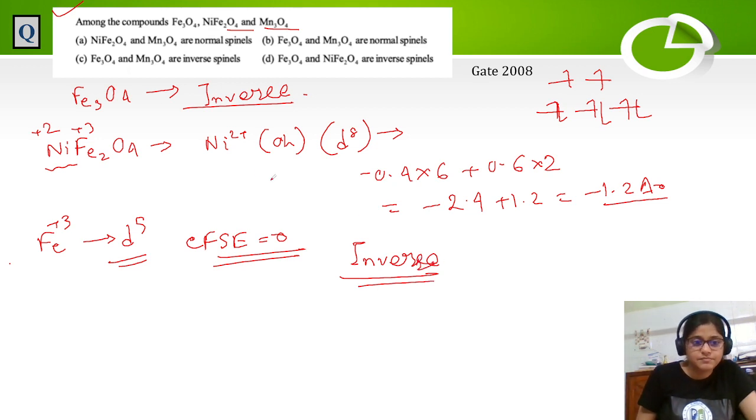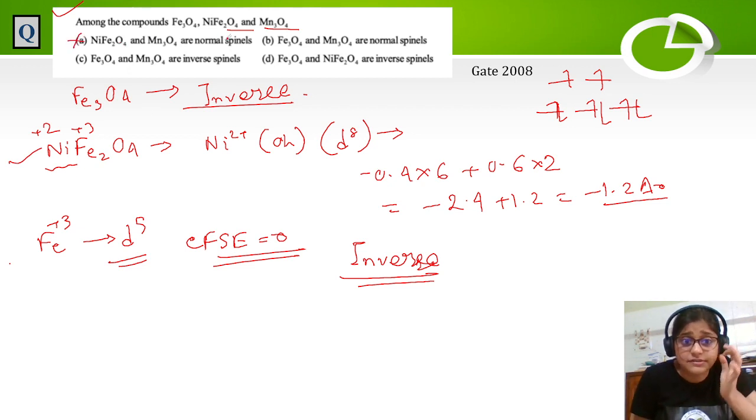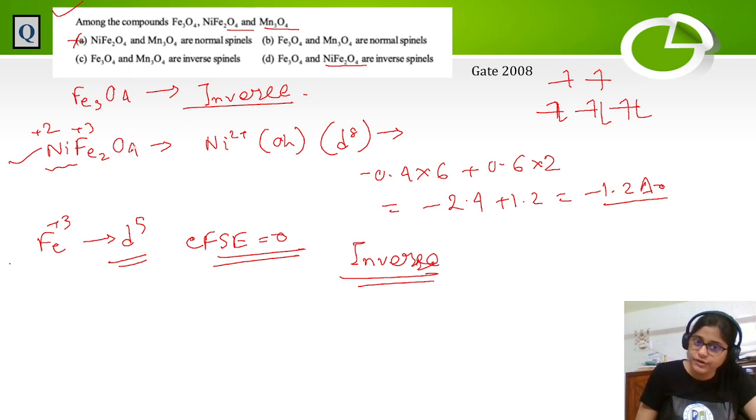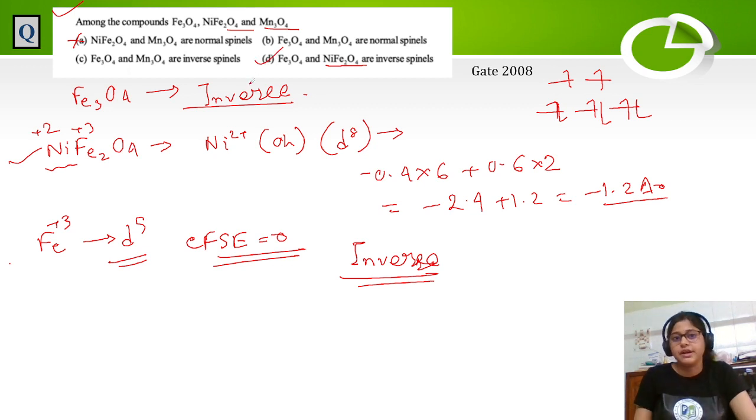So NiFe2O4 is inverse. So this option is wrong, because here it is written normal. Here, Fe3O4 and NiFe2O4 are inverse spinel. So we know NiFe2O4 is inverse spinel and Fe3O4 is obviously inverse. So D will be the correct option.